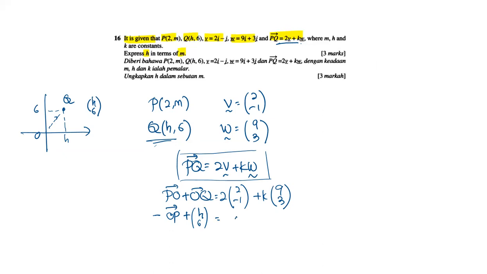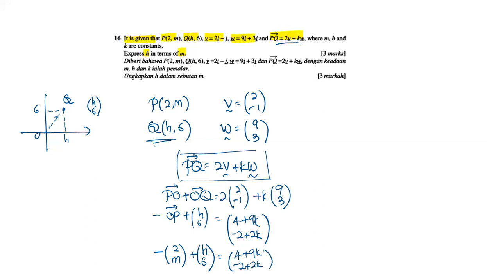So it's 4 plus 9K, negative 2 plus 2K. Okay. OP is what? OP is 2 and M. H and 6 minus 2 and M gives 4 plus 9K, negative 2 plus 2K.